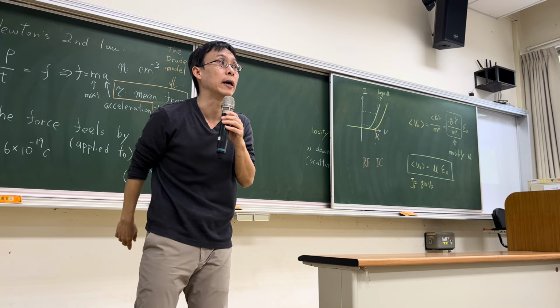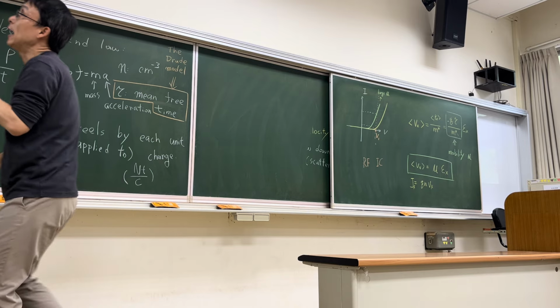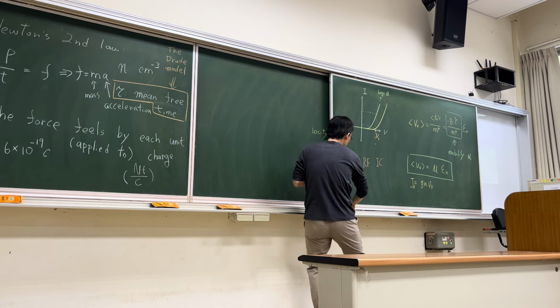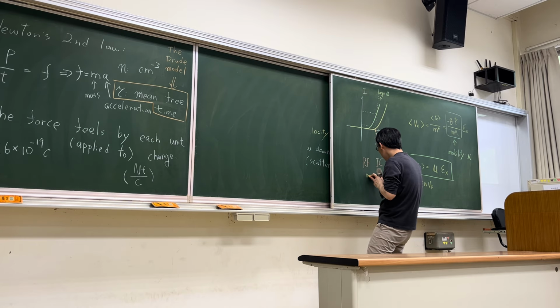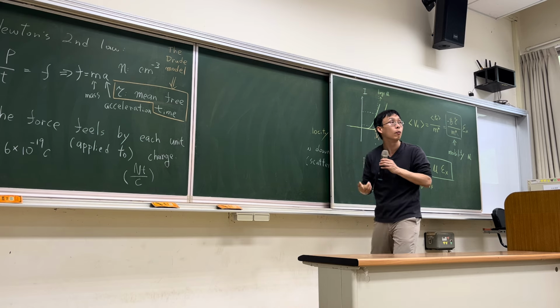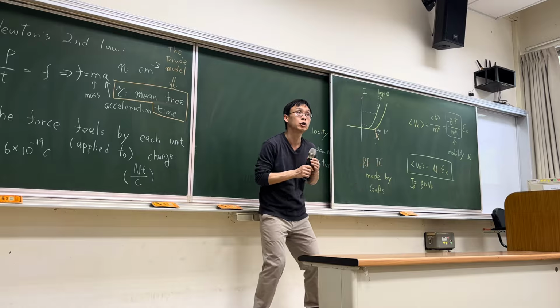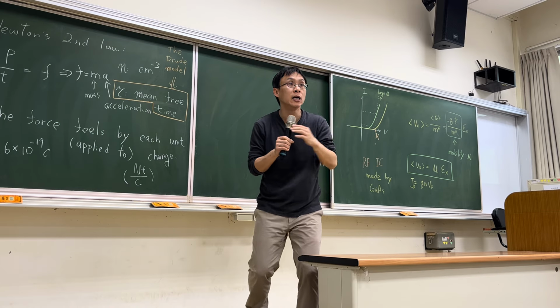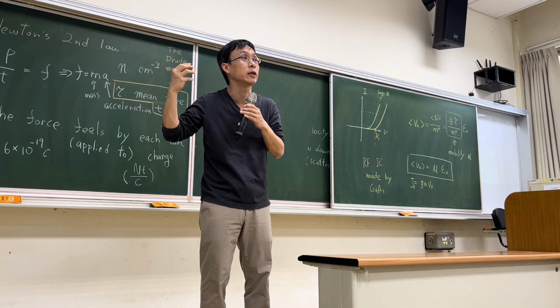So usually RFIC is made of gallium arsenide. You can check the mobility of gallium arsenide, the mobility of silicon, and the mobility of gallium nitride or silicon carbide.